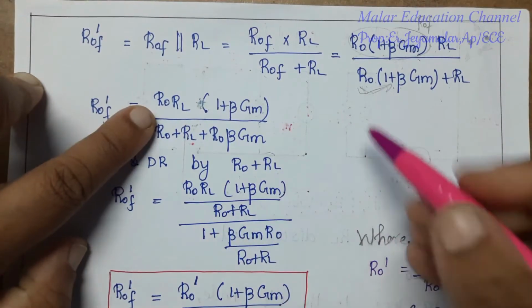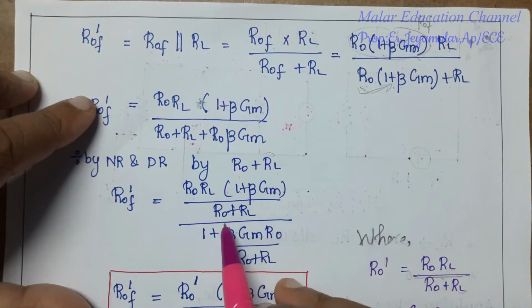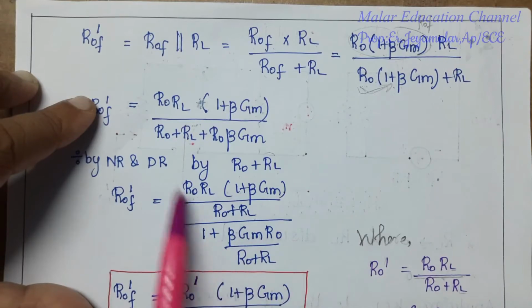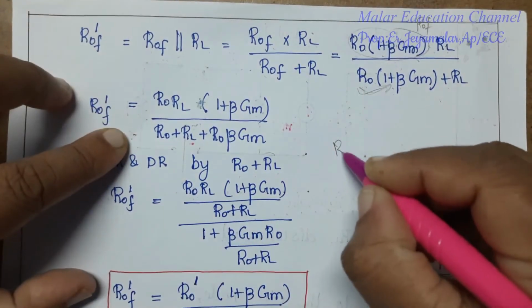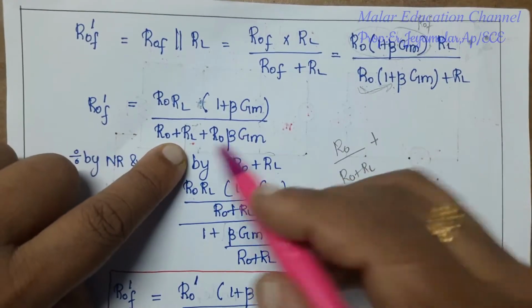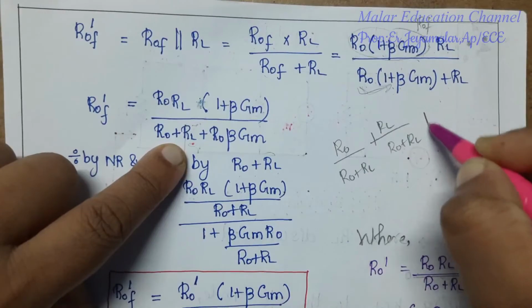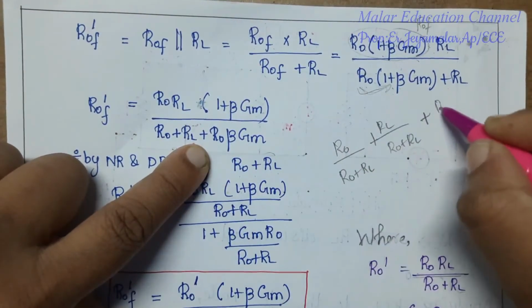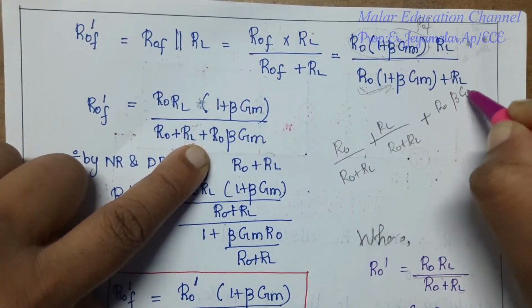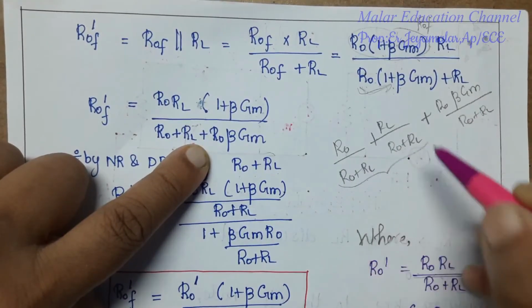So the numerator is R naught RL into 1 plus beta into Gm, the whole divided by R naught plus RL. And for the denominator term, here R naught divided by R naught plus RL, isn't it? And plus RL divided by R naught plus RL, plus the third term R naught beta into Gm divided by R naught plus RL, isn't it? Compare these two equations.